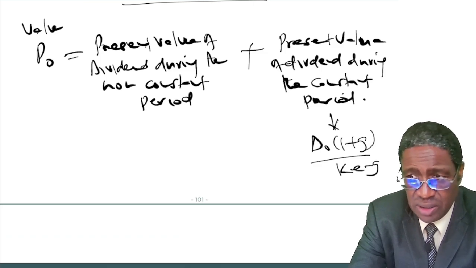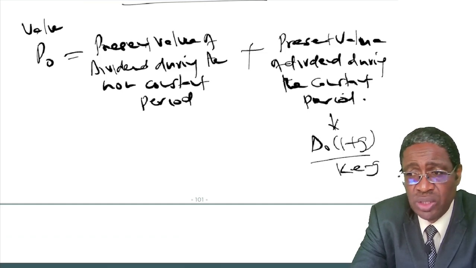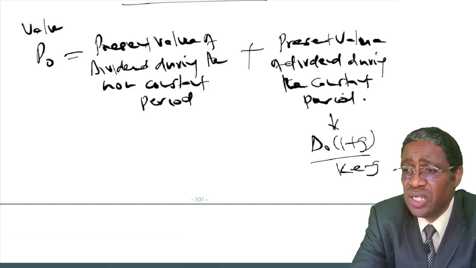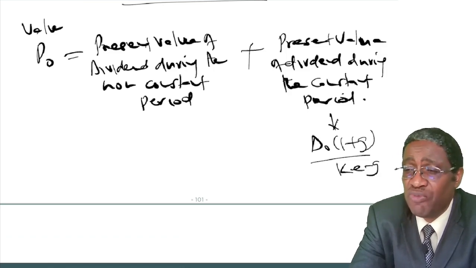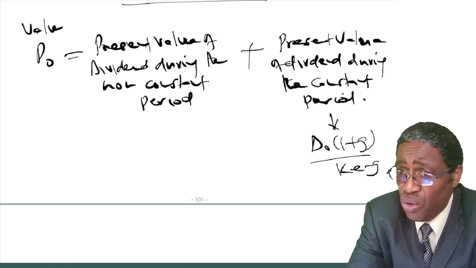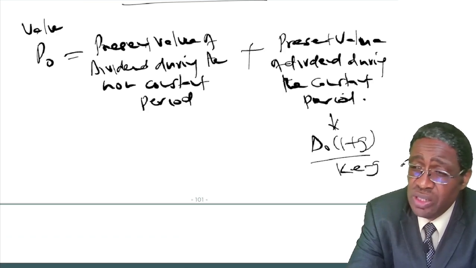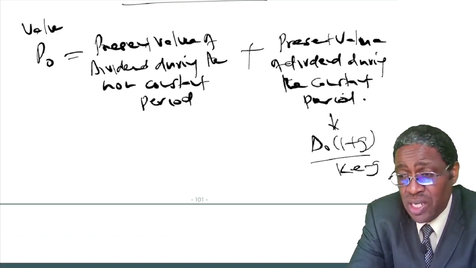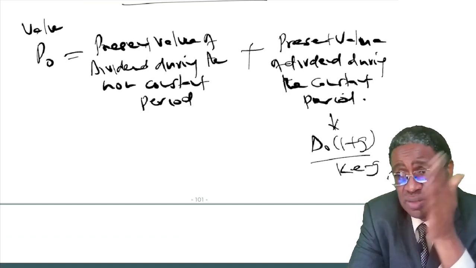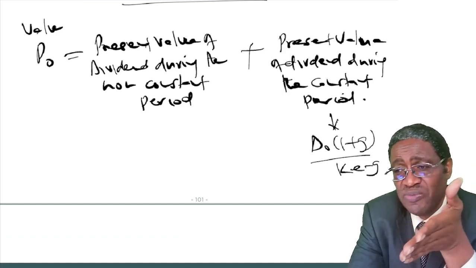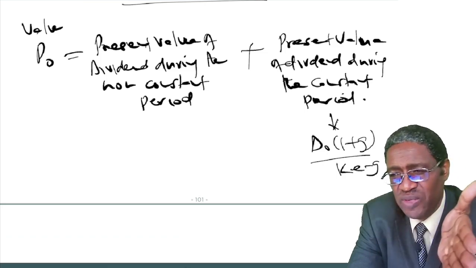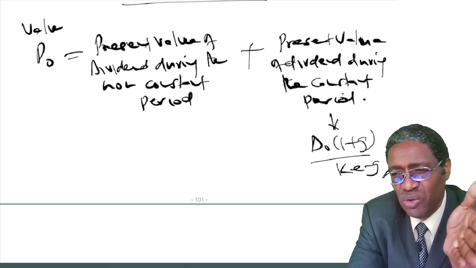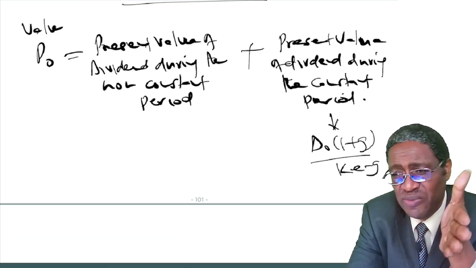Let me explain. Listen. I told you year 1 dividend was 5. Year 2, it grew by 5%, came to whatever. Year 3, it grew by 7%. Year 4, it grew by 8%, and so on. For the first 5 years, it was growing at a different rate. Get the present values of those dividends: the present value of the dividend of year 1, year 2, year 3, year 4, and year 5.